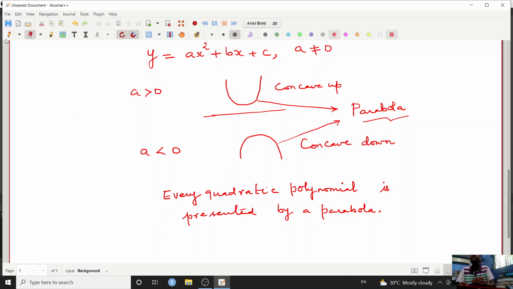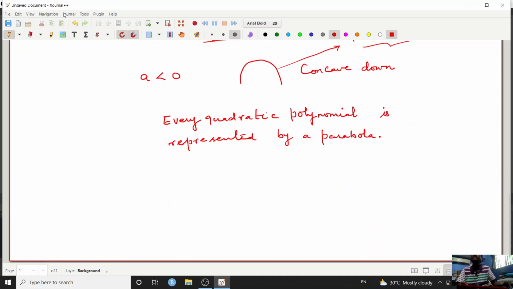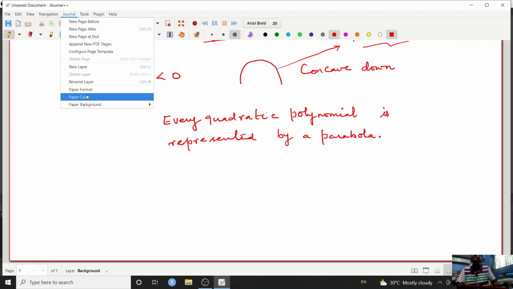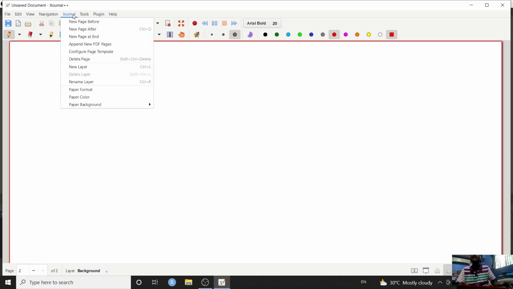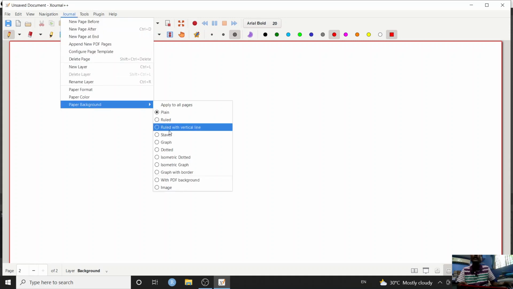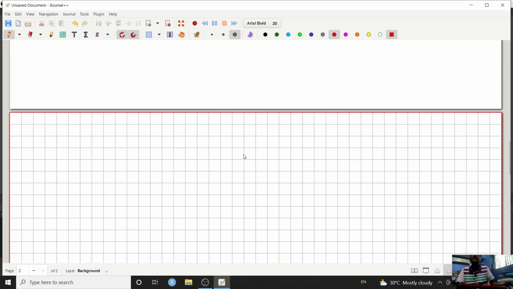Now we will verify that with the help of special cases. Now for example, what do we do here? Let us consider the graph sheet.